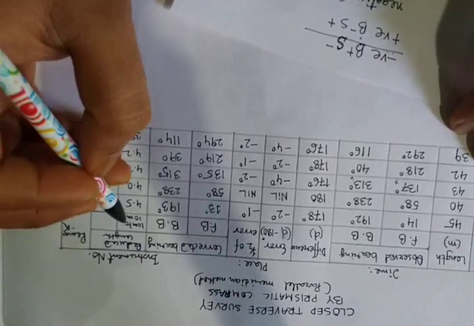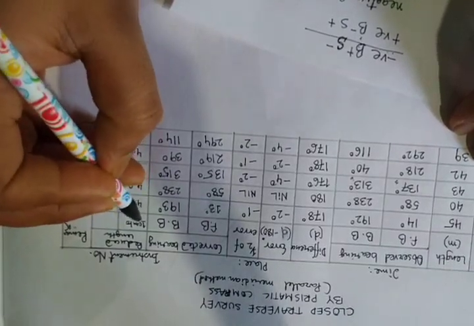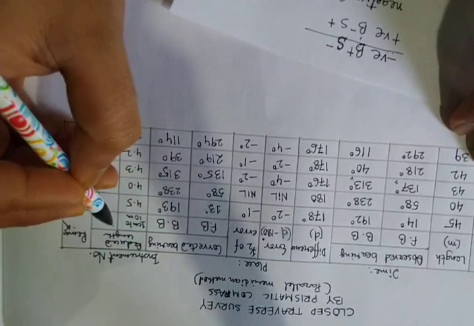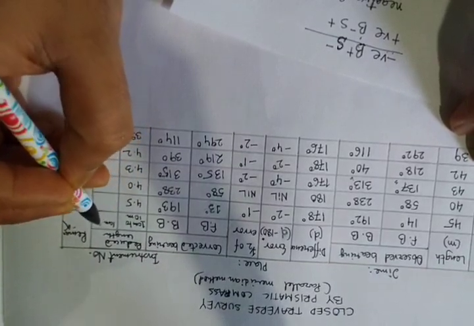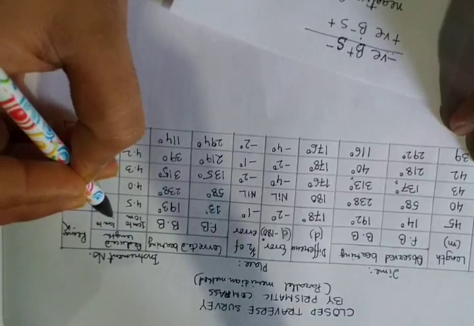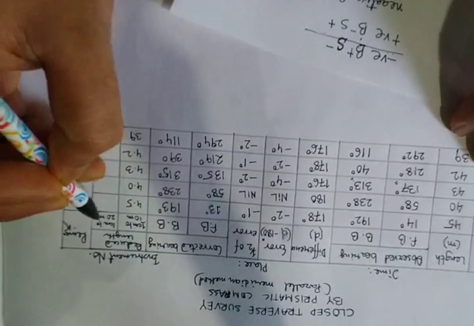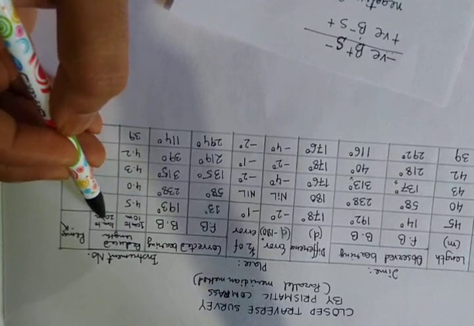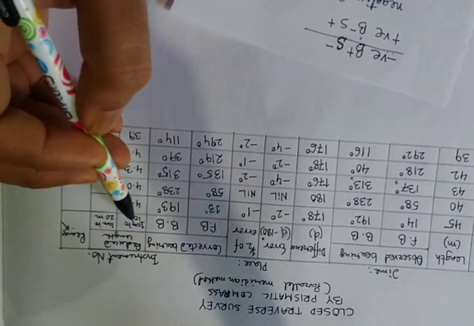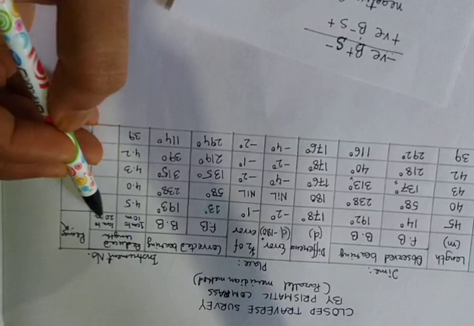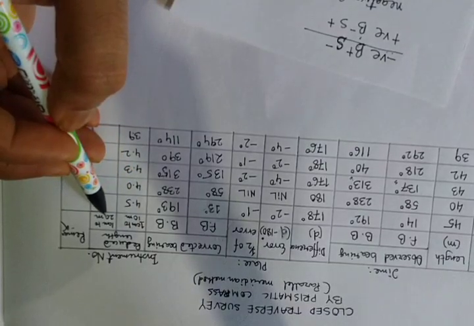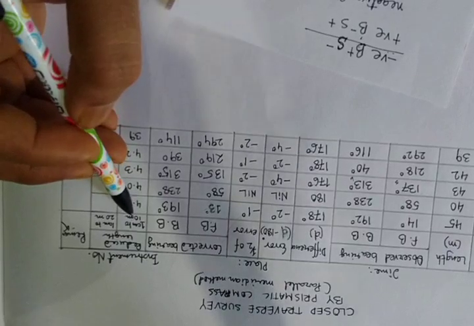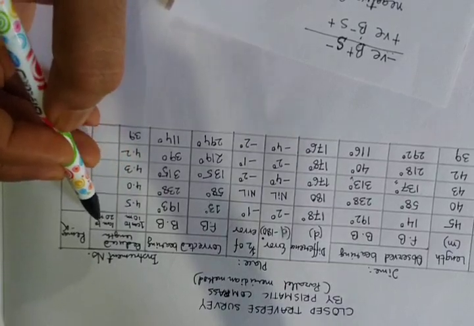In the next column you have to select a double scale. That means if you select 1 cm to 10 meters here, then this column will be 1 cm to 20 meters. Suppose you select 1 cm to 1 meter, then it will be 1 cm to 2 meters. Suppose you select 1 cm to 5 meters, then it will be 10 meters. Whatever you select in this column will be doubled in this column.